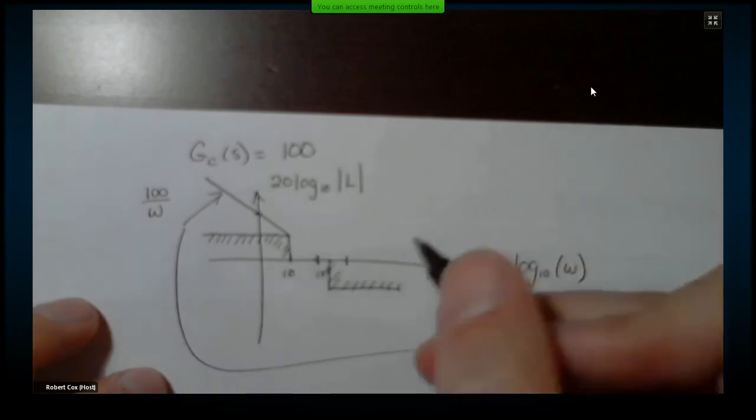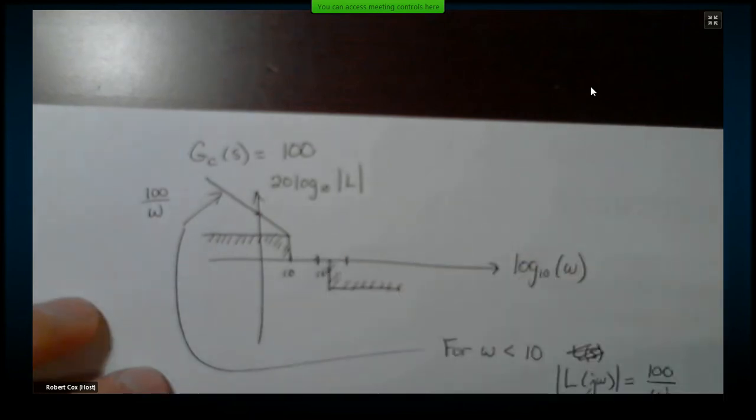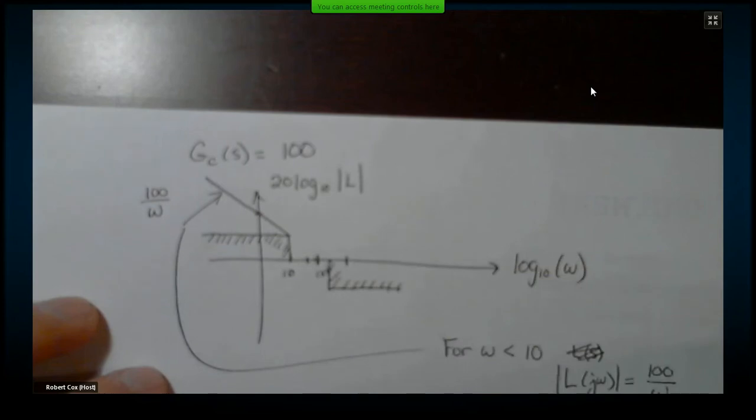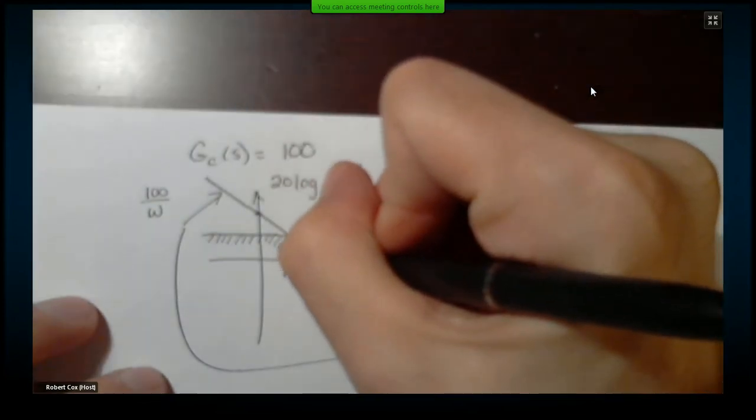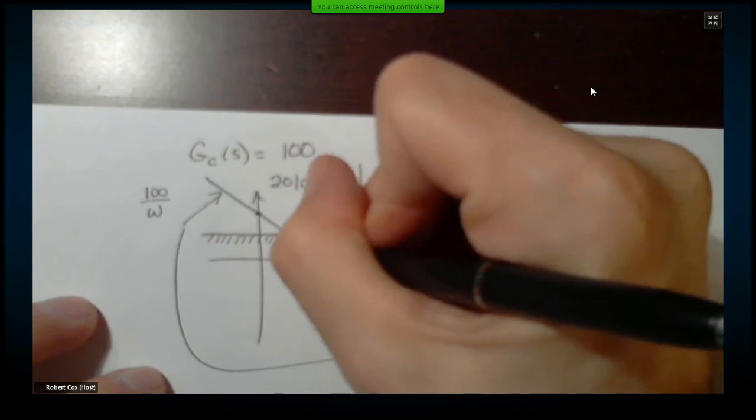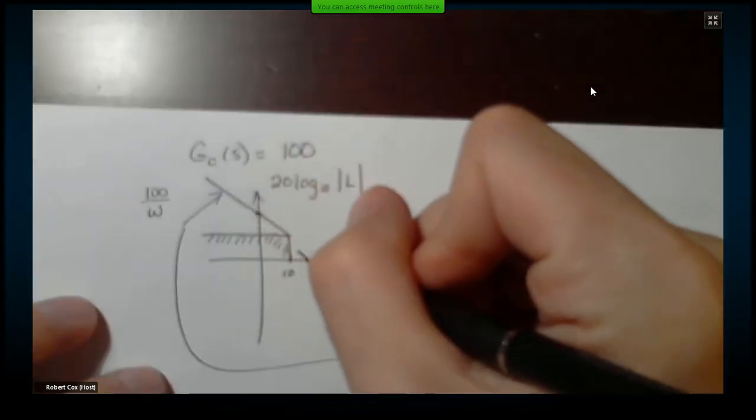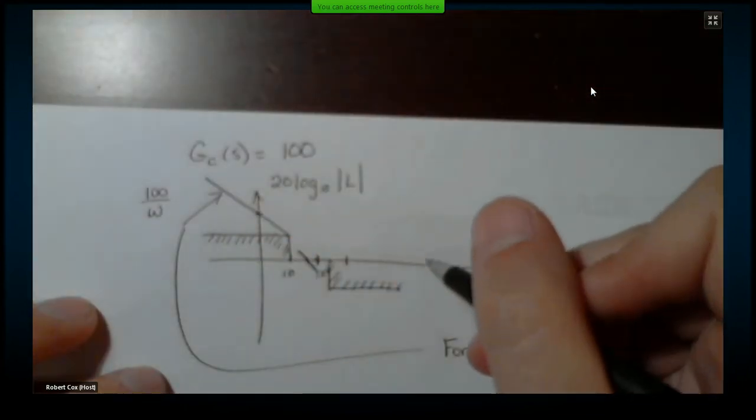Now I know that at crossover, which is, so here's 100. 50 radians per second is roughly about 2/3 of the way between 10 and 100. So it's right there. And I know that at that point, I must also be falling like 20 dB per decade.